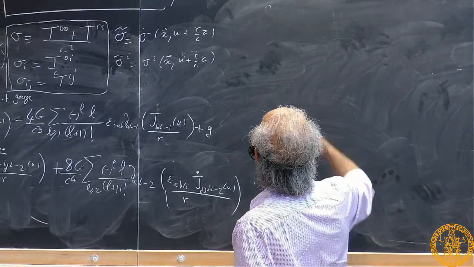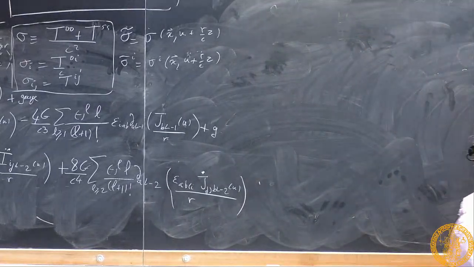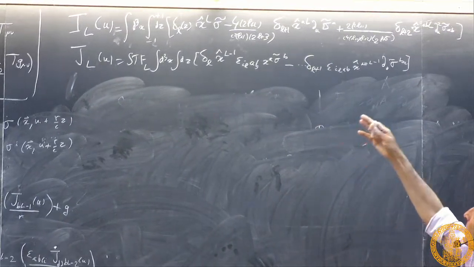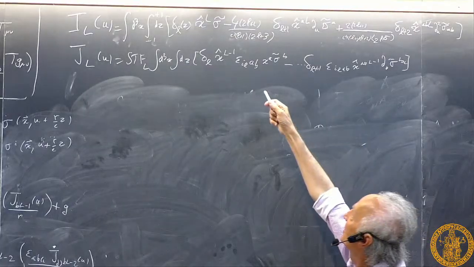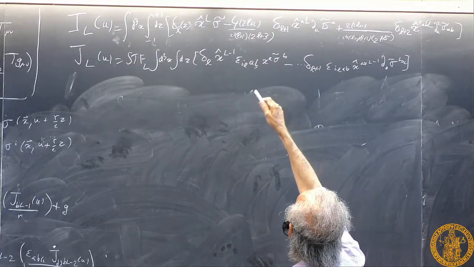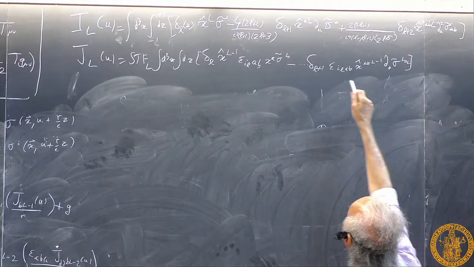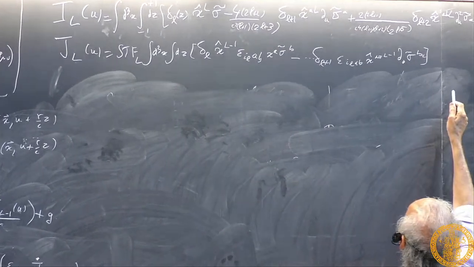And these multipole moments are explicitly written here. They are integrals over the source, because you see these are integrals that contain sigma, or sigma with one index, or sigma with two indices, with some derivatives of the source.